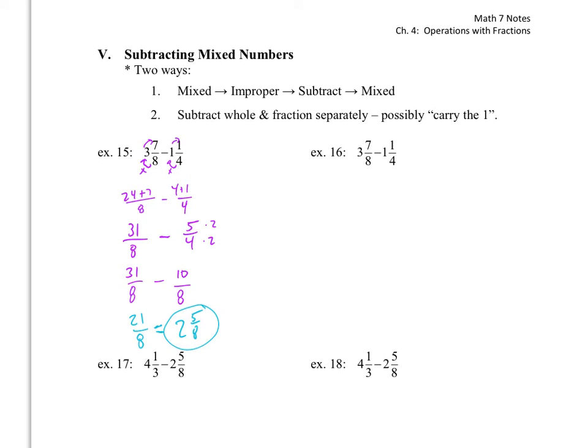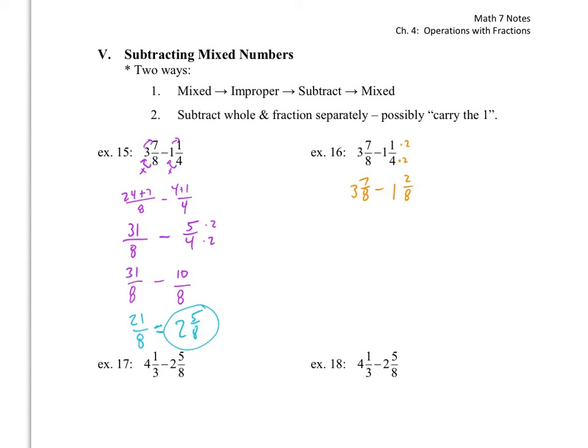The other way to do it, subtract your whole numbers, and then subtract your fractions. So, let's make common denominators here. I have 3 and 7 eighths minus 1 and 2 eighths. Subtract the whole numbers.